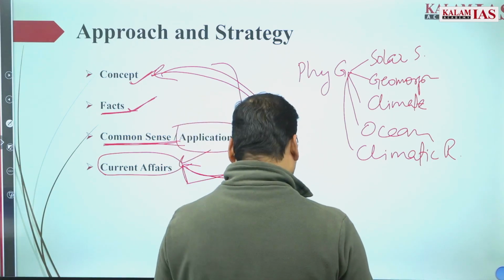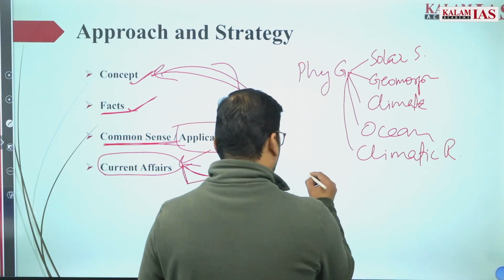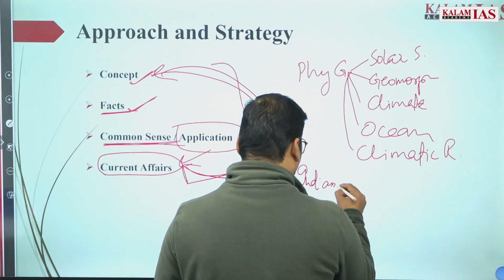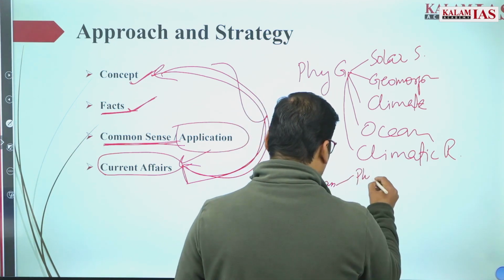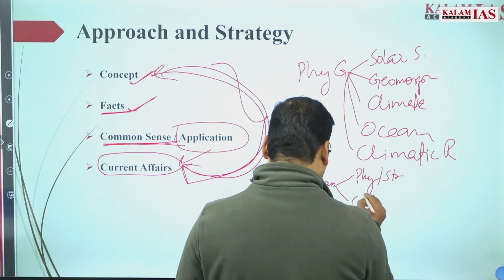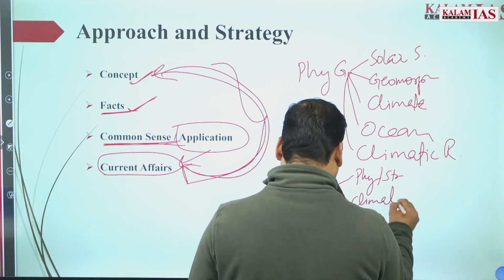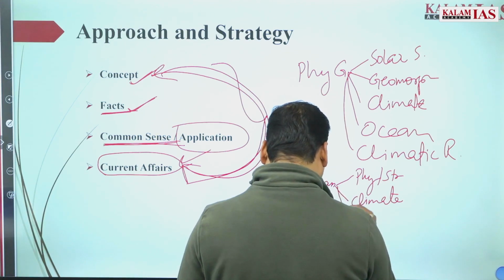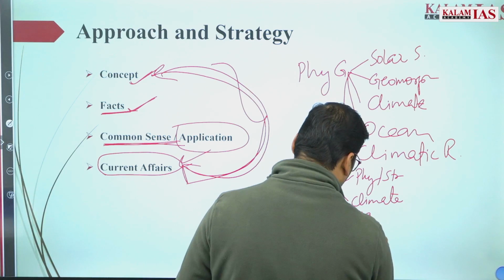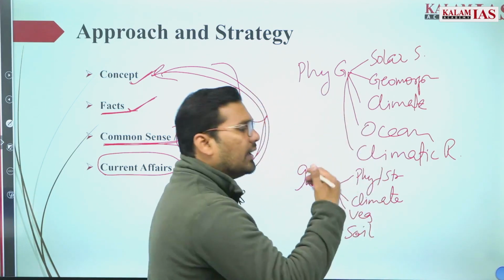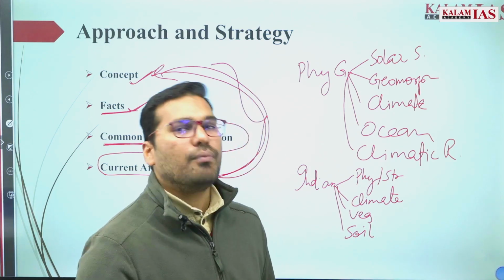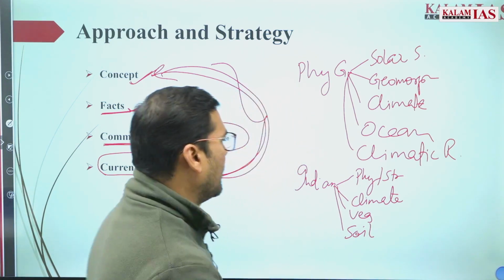For example, if it comes to Indian geography. Okay. Indian geography, you have to know about its physiography or structure. You have to know about its climate. You have to know about its vegetation and soil. Now, if you have done questions on these themes and sub themes, you will be more confident, you will have more conviction to attempt a question, and so on.